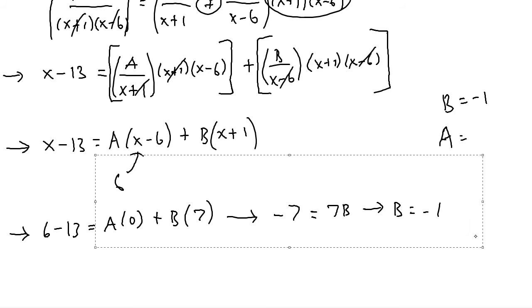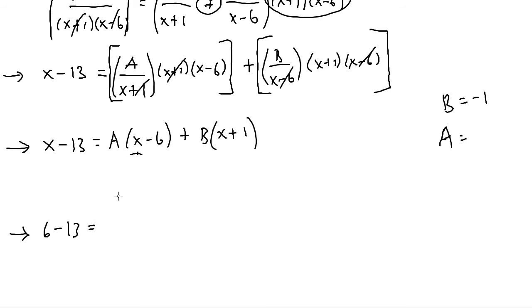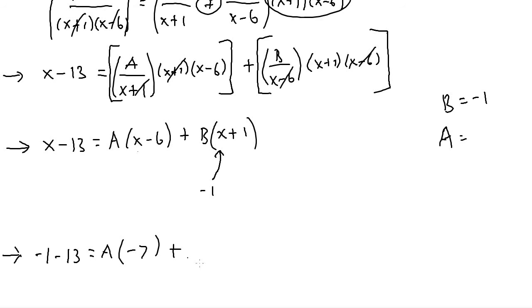Now I'm going to find out what a equals. So I'm going to plug in something that will cancel b out. If I plug in negative 1, negative 1 plus 1 is 0. So when x equals negative 1, we get negative 1 minus 13 equals a times negative 1 minus 6, which is negative 7, plus b times negative 1 plus 1, which is 0.